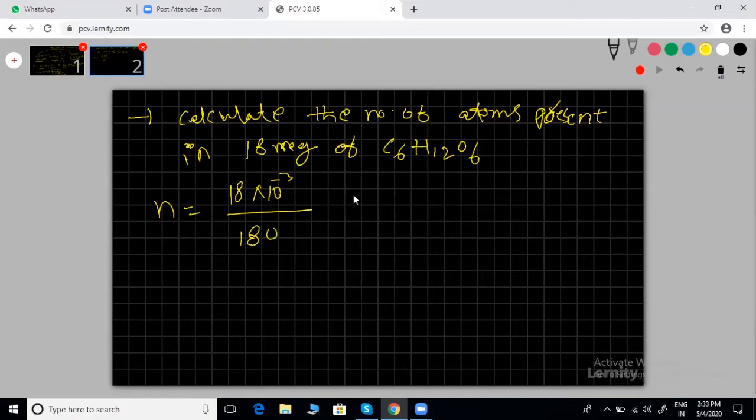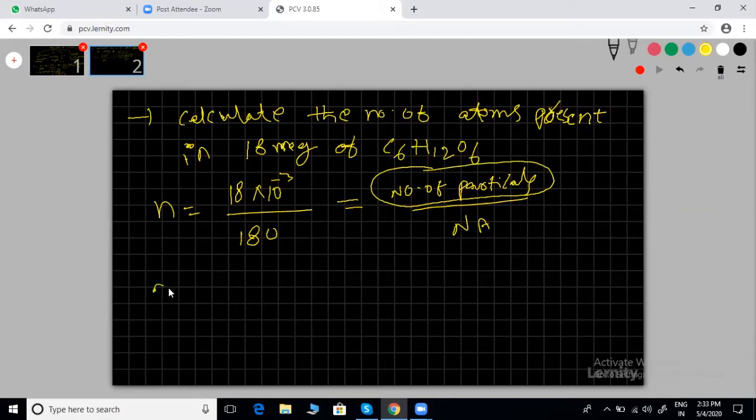This is the number of moles. I hope you know the formula: number of moles equals number of particles by Avogadro number. So I need the number of particles here, and that is the atoms. So number of atoms equals number of moles into Avogadro number into atomicity.